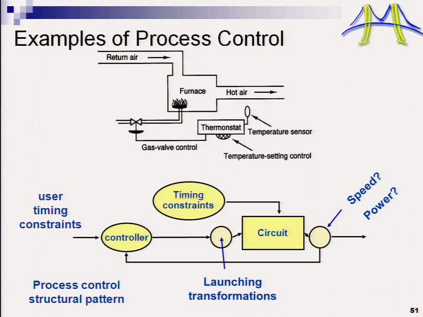And if it's not, then we look at the user timing constraints, and the controller then launches a set of transformations to actuate against the circuit, to modify it. Then we're simultaneously measuring the speed of the circuit and identifying our next set of transformations, and then actually modifying the circuit.